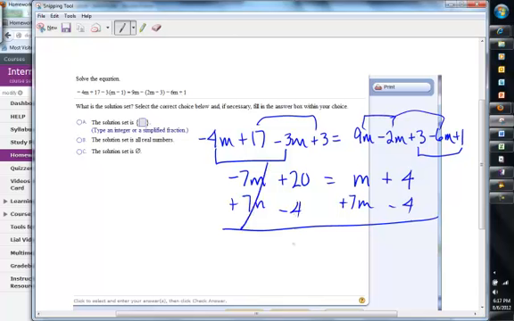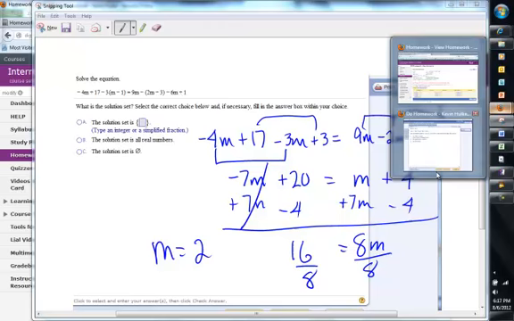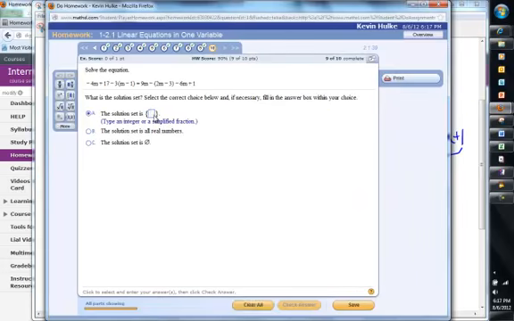These cancel, and you get 16 is 8m. Divide both sides by 8. You get m is 2. And that is the last question on this assignment.